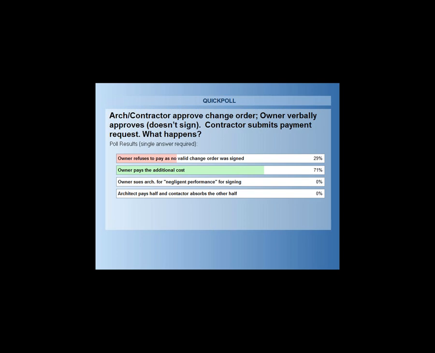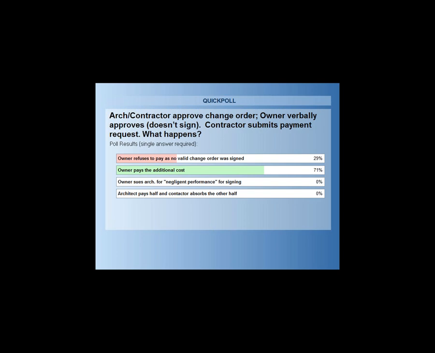And then I have a couple of comments also in the chat feature. From Tom Montero: if a CO isn't signed and the GC is not authorized to proceed with the work, should the owner refuse the CO, no one loses. And then additionally, there's no indication that the CO was submitted on a pay app, therefore the work was not supposed to have been performed.